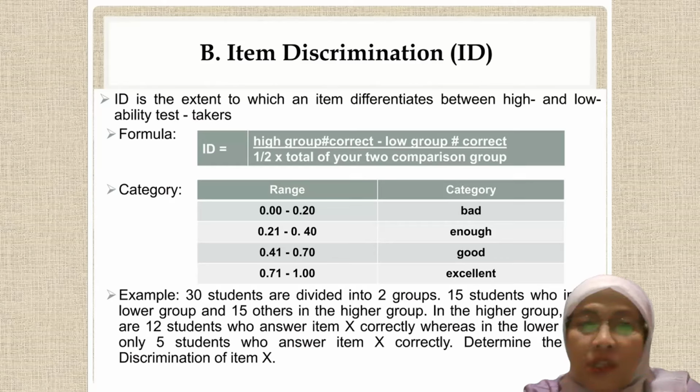So if the ID score is between 0 until 1.2, it is poor; 1.21 until 1.4 it means enough; 1.41 until 1.7 is good; and 1.71 until 2 is excellent.